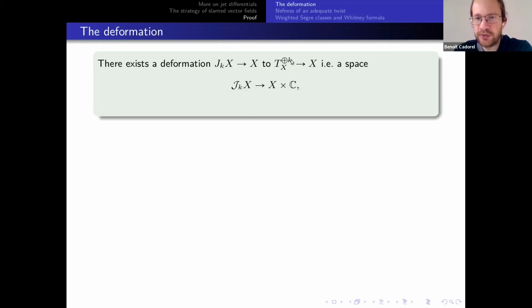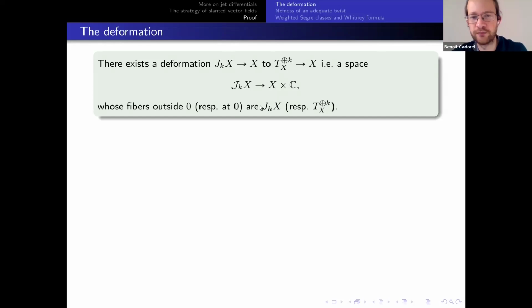A deformation simply means a space that lies above X times C, such that if you look at 0, or outside 0, you get the two different versions. So above 0, you have this tangent space k times, and outside 0, you have this J_k X. So somehow it's a test configuration, if you are familiar with the idea. Here it's an affine version, but once you projectivize it, you will really get a genuine test configuration for the Green-Griffiths jet spaces, if you are familiar with this notion.